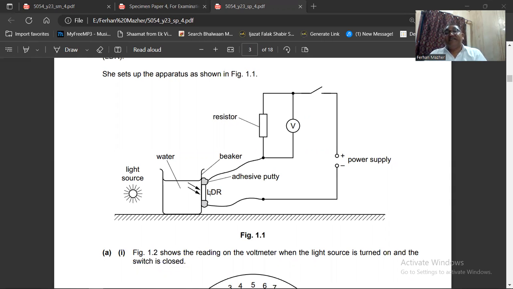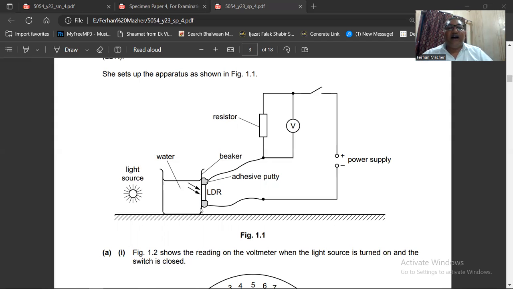An LDR is a resistor whose resistance changes with the amount of light falling on it. If the intensity of the light increases, the resistance of the LDR will decrease. If the intensity of the light falling on the LDR decreases, the resistance will increase.